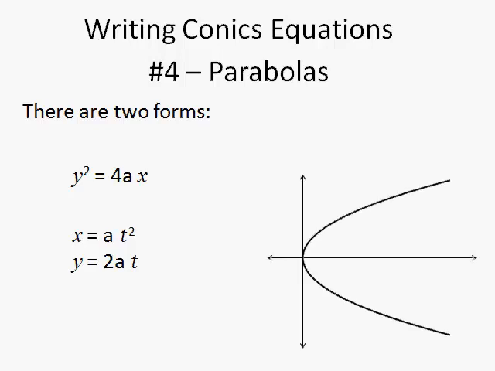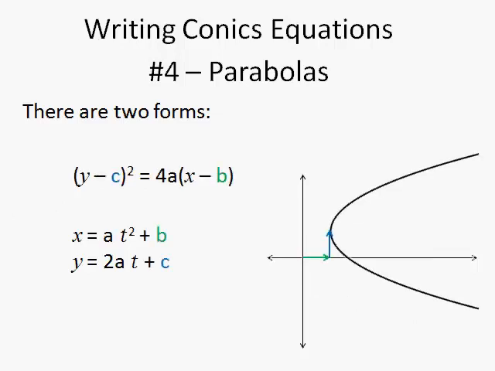Both assume, of course, that the vertex, that is the point of the parabola, occurs at the origin, and for this year you'll notice that it assumes that the parabola is heading out to infinity in the x dimension rather than the y, that it is rotated 90 degrees round from previous years. That's why y squared equals some function of x, not x as some function of y squared.